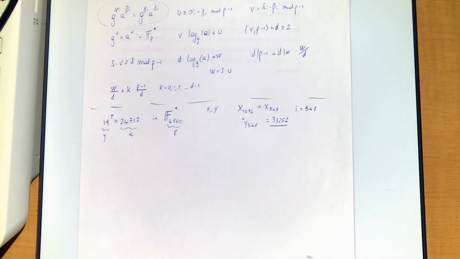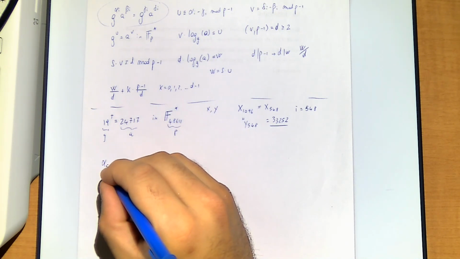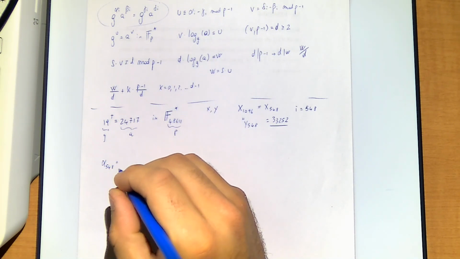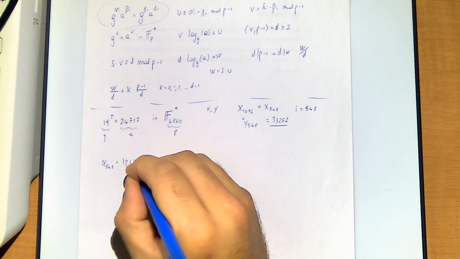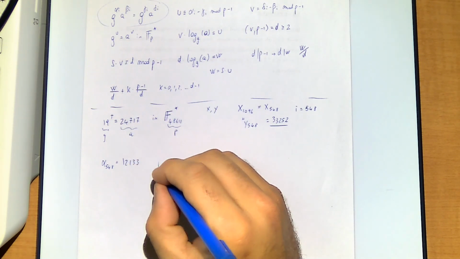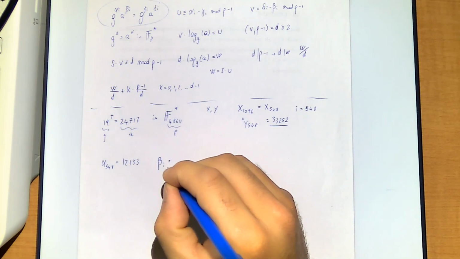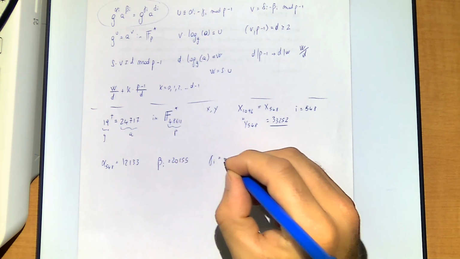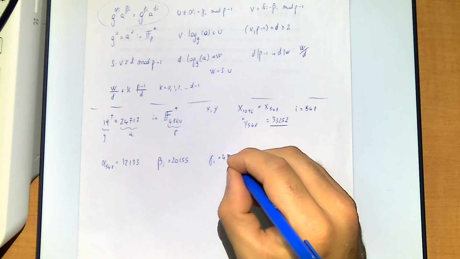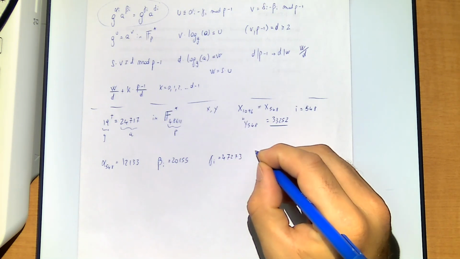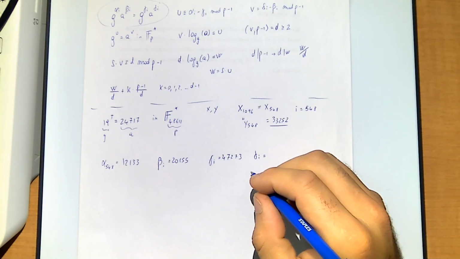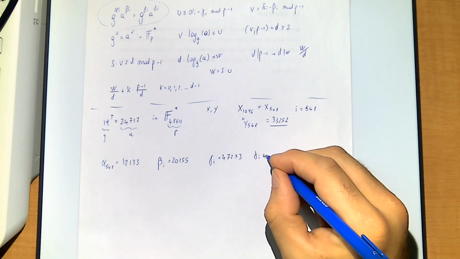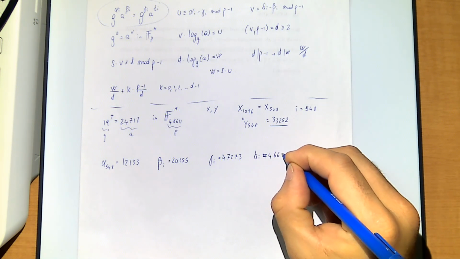I take my exponents. Alpha 548 is 1, 2, 1, 3, 3. Beta, I'm just gonna write I 2155. Gamma I was 47273, and delta I is 4,665.